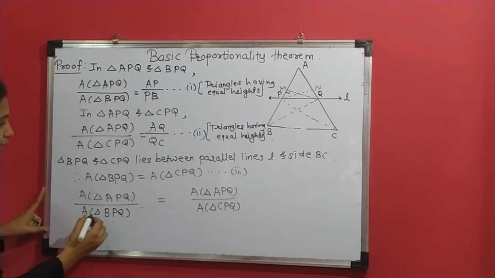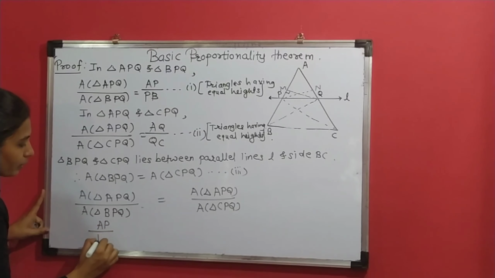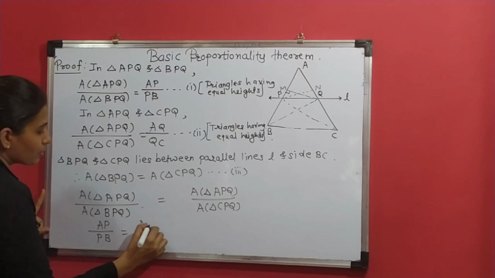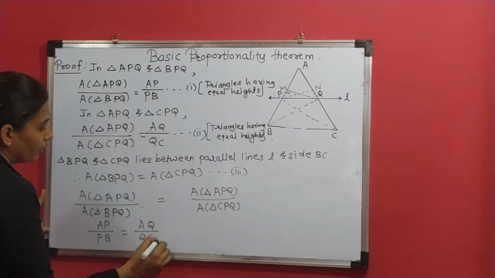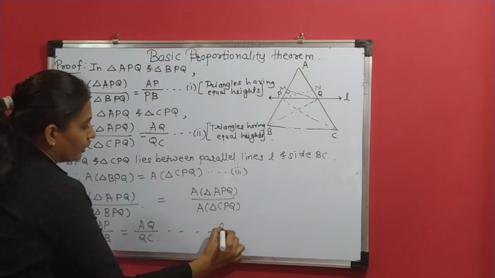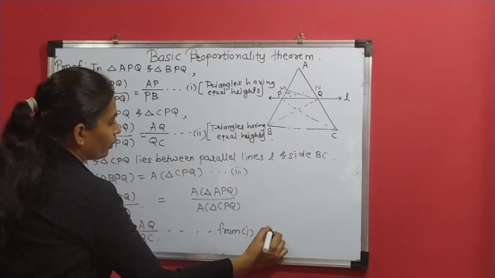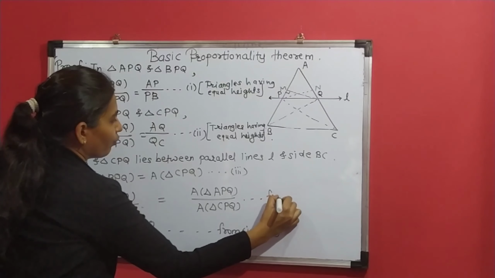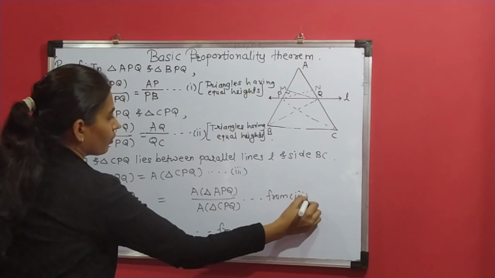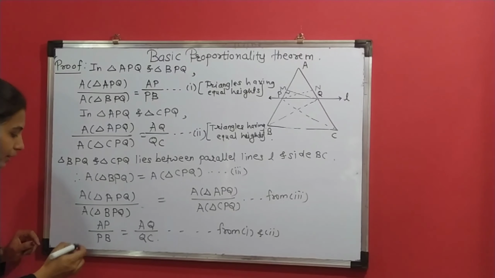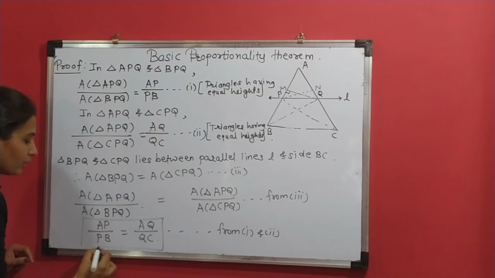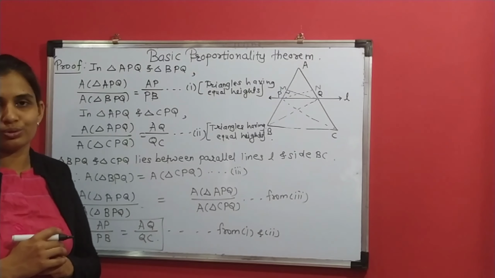So we can write AP upon PB equals AQ upon QC, and give it as number from 1 and 2 and give this as reason from 3. Clear? And we have to prove that these ratios are equal.